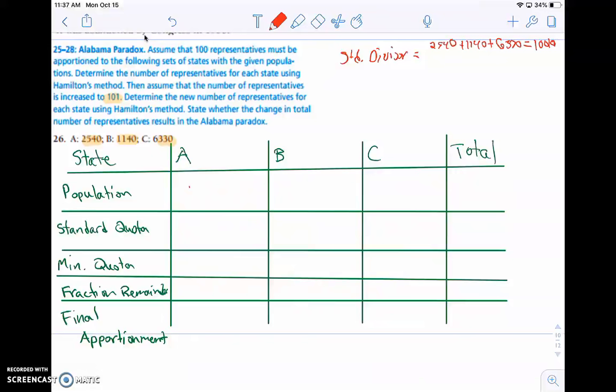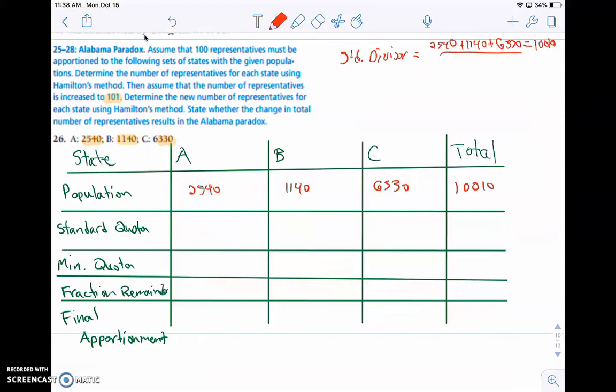So I should write in these populations. This is 2540. This is 1140. This little chart really helps to keep your information organized. So 10,010 is our total population.